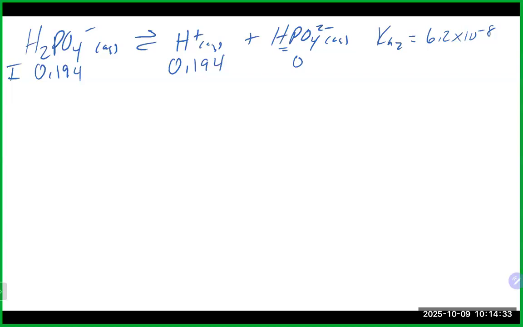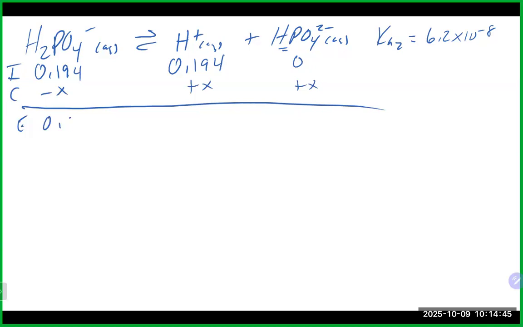The rest of the table is going to be the same: minus X, plus X, and plus X. When we reach equilibrium, we have 0.194 minus X, 0.194 plus X, and X. This now can go into our Ka2 expression, which again would be our products divided by our reactants.